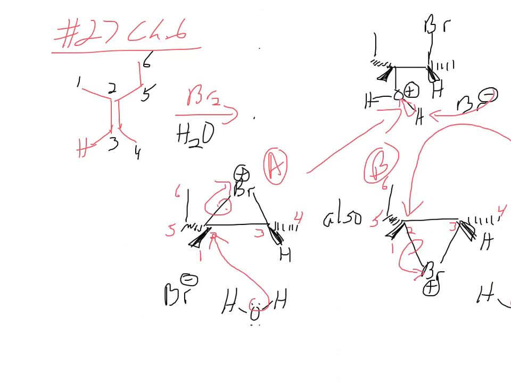So I'm going to do a free energy diagram for this. I'm going to call this A1. I'm going to call this A2. And then the final product will look like this. Keeping this the same. Over and over again.